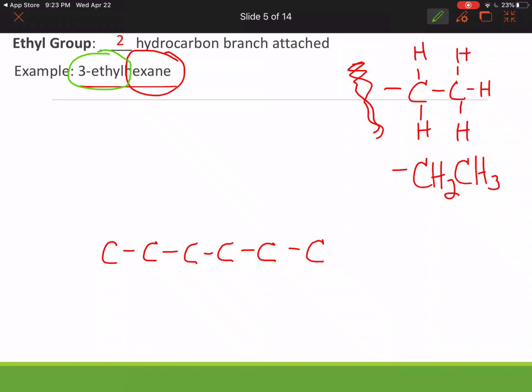The ethyl part means I'm going to have 2 carbons attached to each other. Where am I putting them? They're going to be put on carbon 3. It's like an address. I'm counting from left to right because that's what makes me comfortable. I'm going to put a carbon here, and a carbon here, because I'm trying to make my ethyl group. And then I need to finish this off with hydrogens for it to be proper.